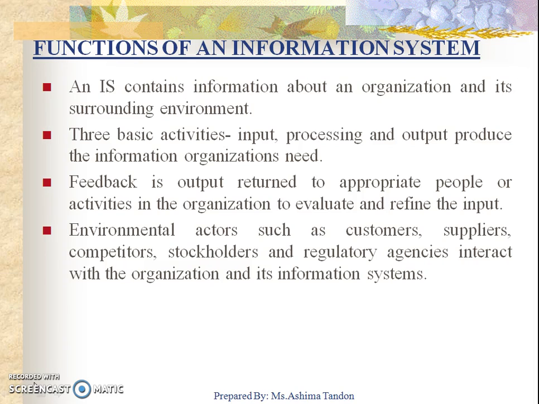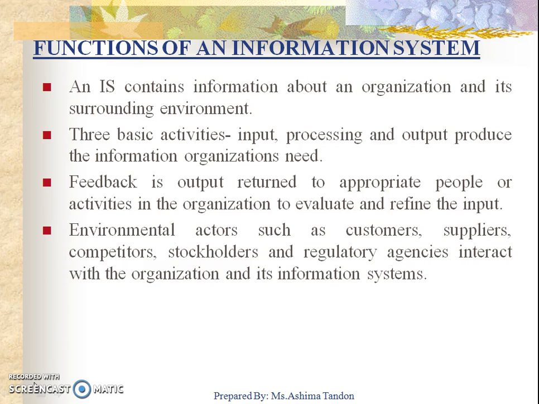To conclude, information system consists of two words, information and system. Information is nothing but processed data. And system is what? It is a set of components which interact with each other in order to achieve a particular objective.